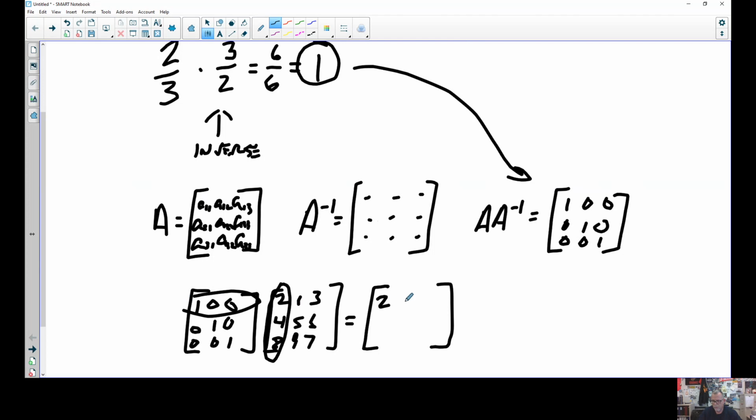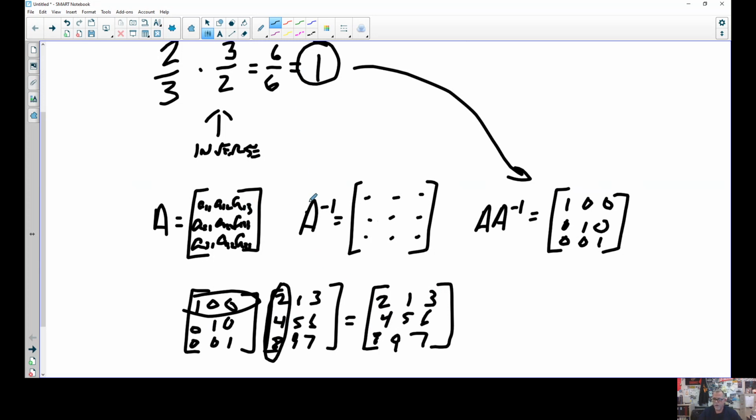First row, second column puts a 1 here. First row, third column puts a 3 here. Second row, first column, 0, and then 1 times 4 puts a 4 there, and then a 5 and a 6. And for the same reason, only these would go in here. So it's kind of like multiplying by 1. It's the same idea in matrix terms, all right? When I multiply this thing times any matrix, I get back that matrix. That's the identity. It's just like multiplying by 1.